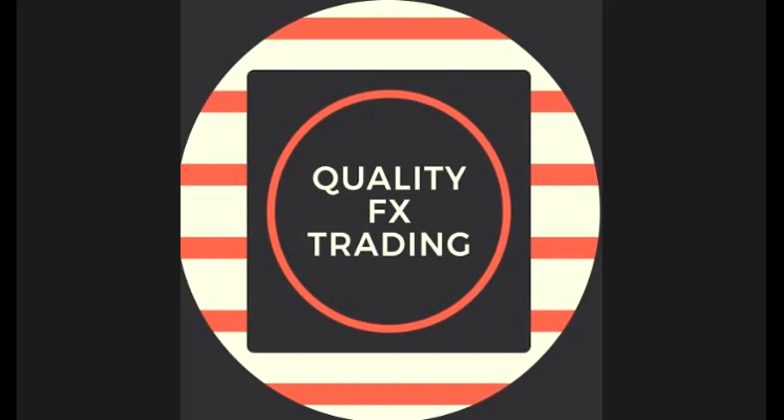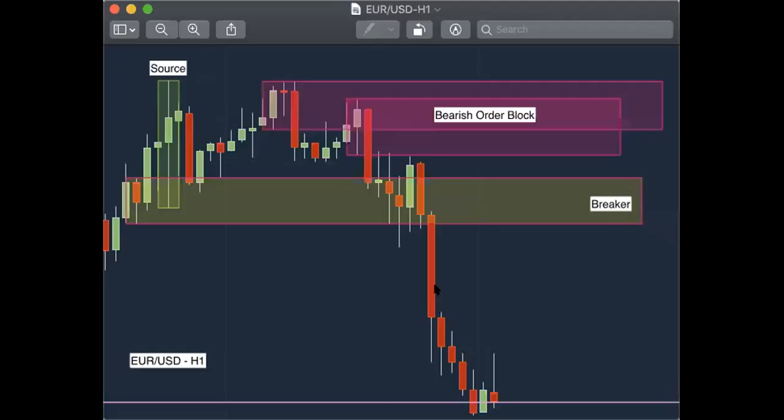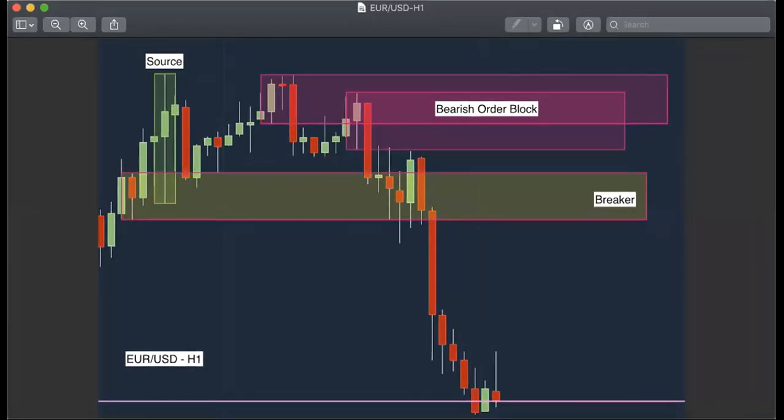Okay, so let's go to the first example, which is the 1-hour chart. We can see the 1-hour chart for the euro dollar.